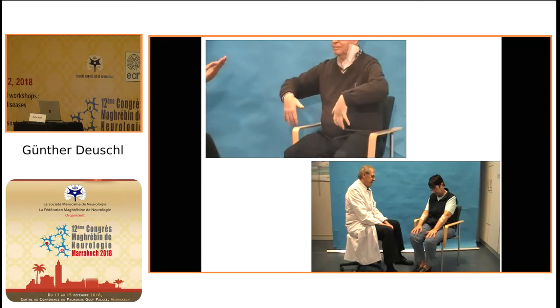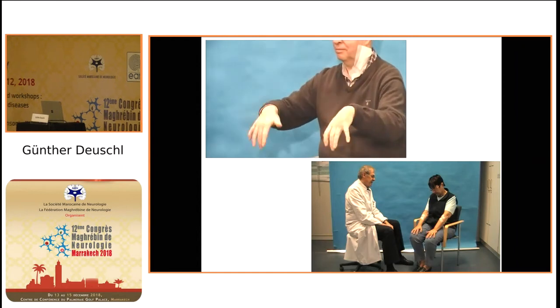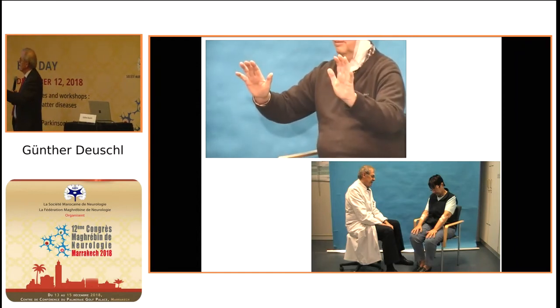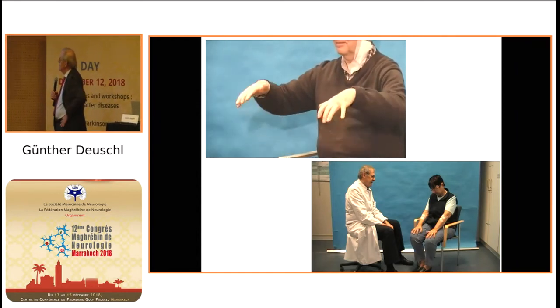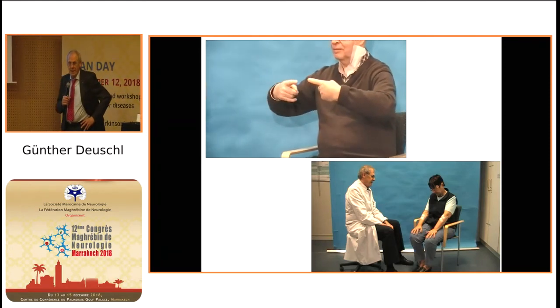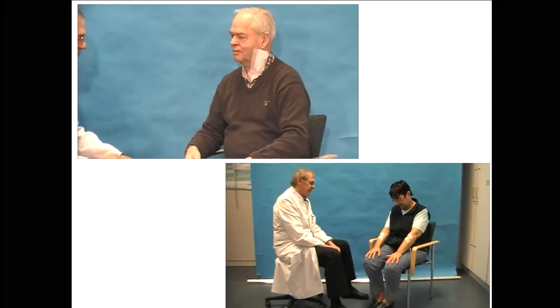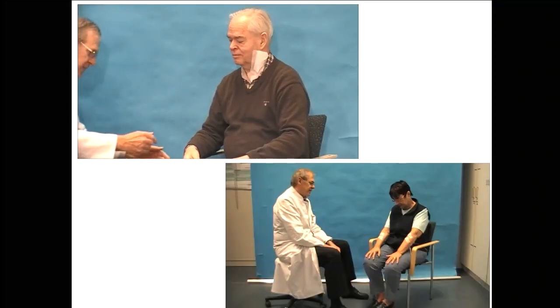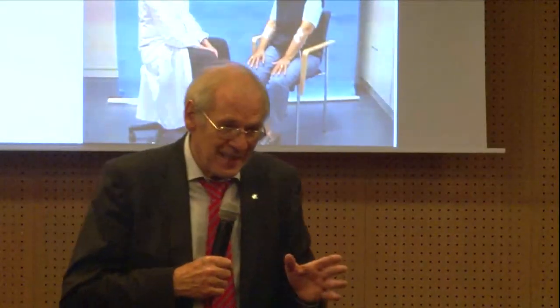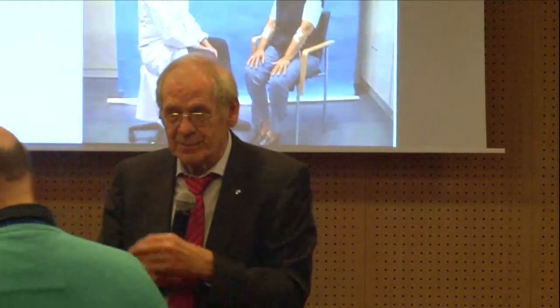So you see, he has tremor also during these movements. He should have done a little bit slower, then you could have seen it better. What is it? To assess the patient, but this patient has no neuropathy. He has also head tremor, but that can also happen in neuropathic tremor.